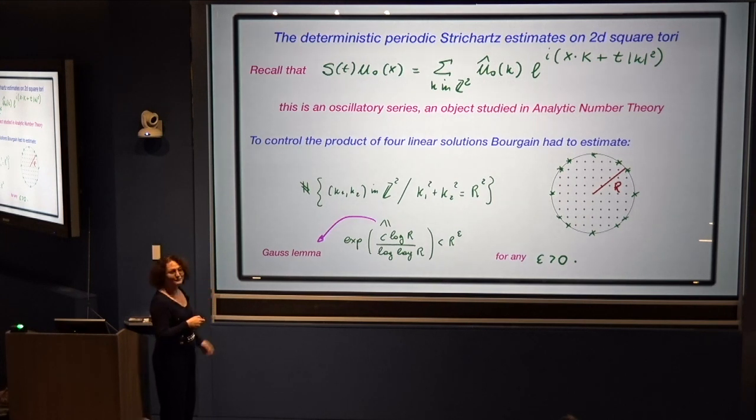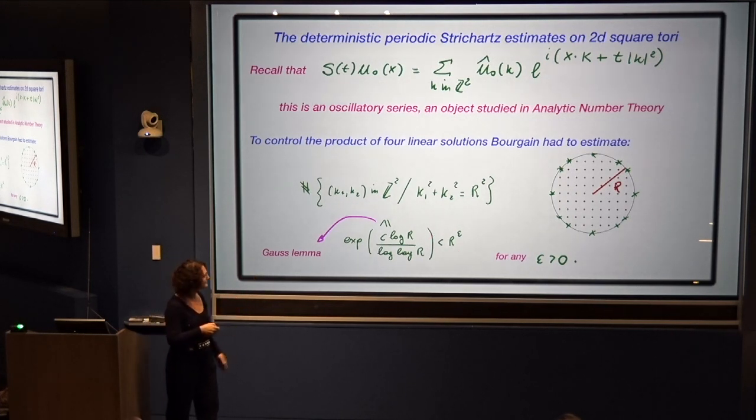And luckily for Bourgain, he actually knew about this kind of number theoretical stuff. There is a Gauss lemma that tells you exactly what the estimate is, and it is this one that I wrote, which is less than r to the epsilon. And for the experts in the audience, that means that you lose an epsilon derivative in this estimate.